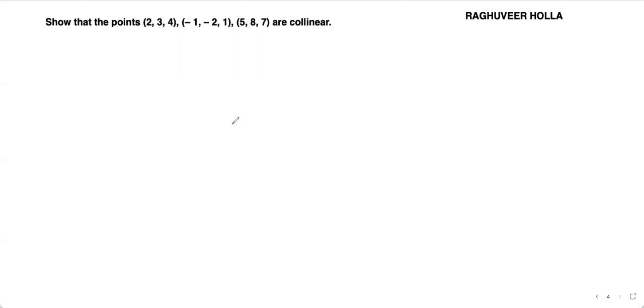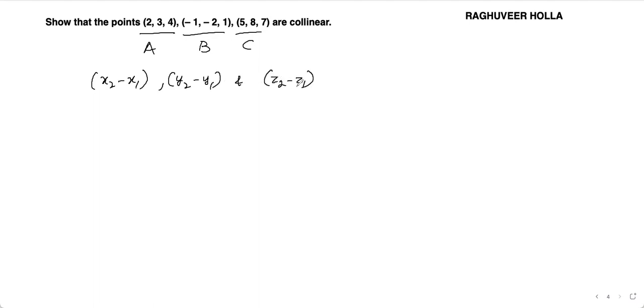So we have to show that these points are collinear. Now let us consider this as A, this as B, and this as C. Now, as we know that direction ratios can be found by x2 minus x1, y2 minus y1, and z2 minus z1.